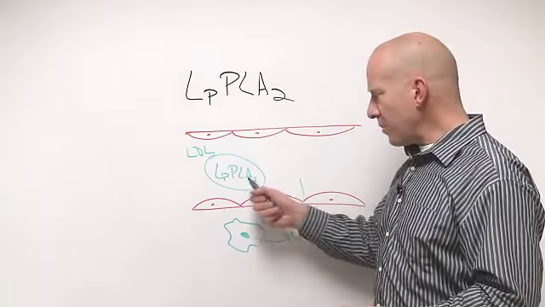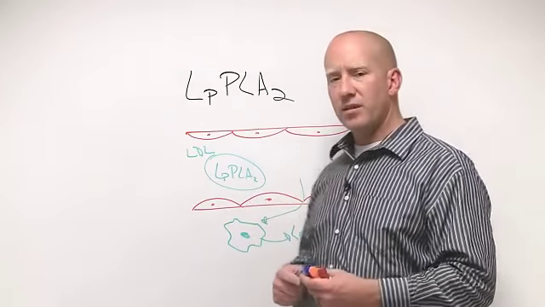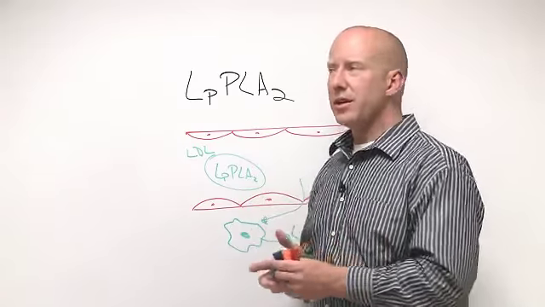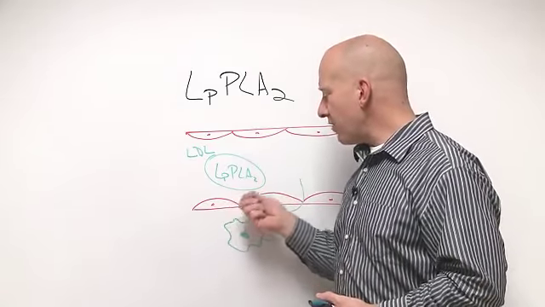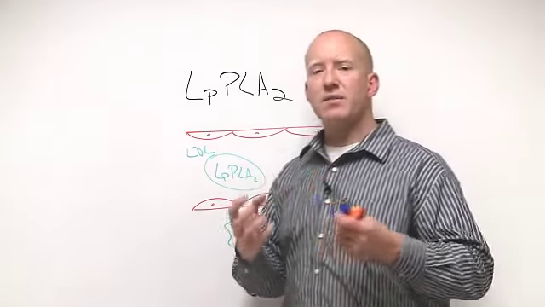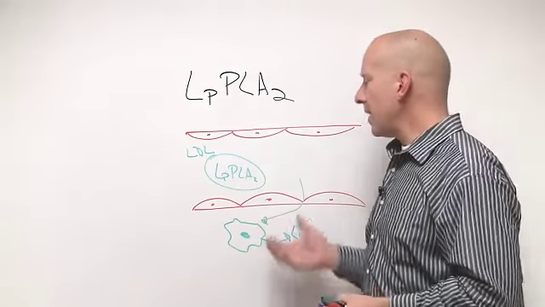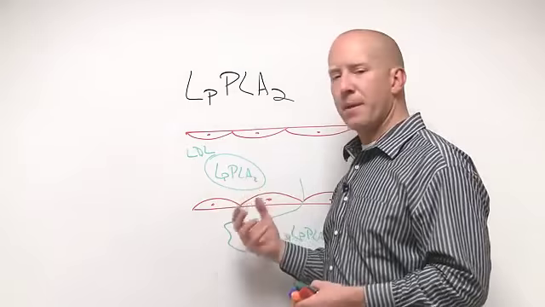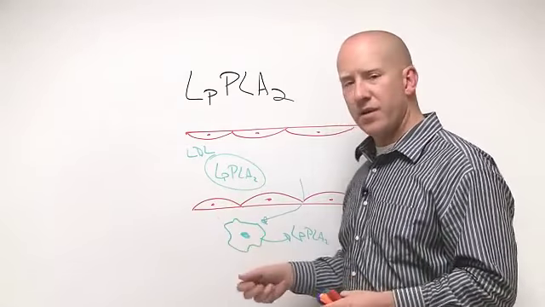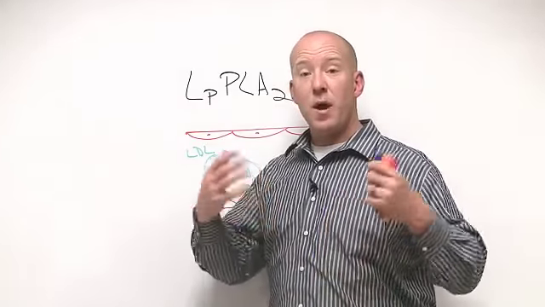So, lipoprotein phospholipase A2 is therefore seen as somewhat of an active indicator of endothelial dysfunction. How much endothelial dysfunction is actively taking place? The reason why is because this particular enzyme will be found in higher amounts if the macrophages and T cells and dendritic cells are producing more of it.